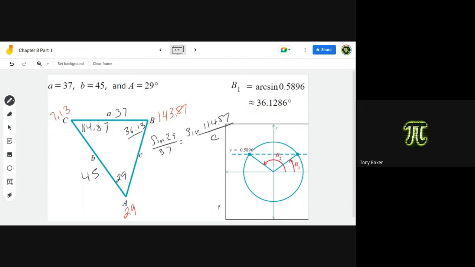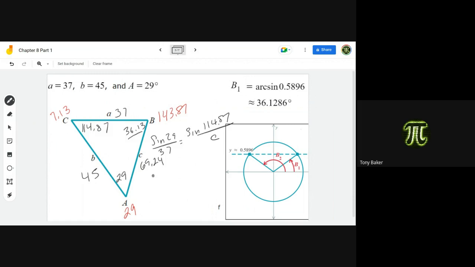We have sine 114.87. So I have 69.24. So C in this case is 69.24.